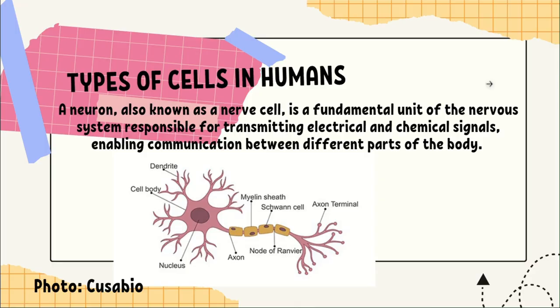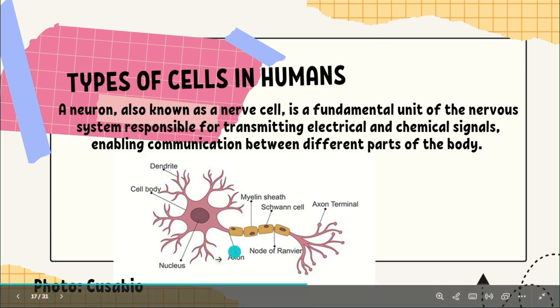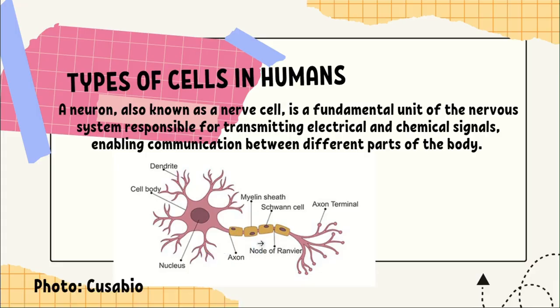Then we have our nucleus, and the nucleus is still the nucleus in every cell. It does the same thing and controls the cell. In the case of our neuron, it determines whether or not this neuron is going to fire. So the nucleus decides whether or not this neuron is going to fire.